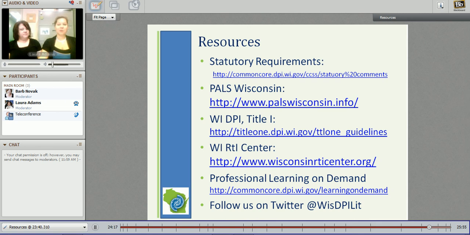For information about PALS, you can follow that PALS Wisconsin link. For specific information about Title I, there's a link there for you to find further information and details around your Title I programming. For decision-making rules and to find out what kinds of supports the Wisconsin RTI Center has to offer, including hearing from other schools, you can follow that bullet point there.